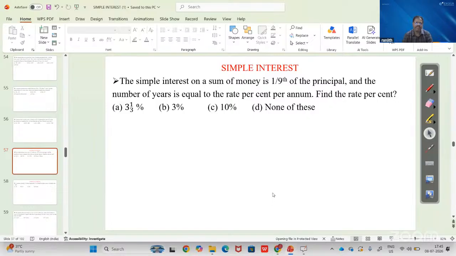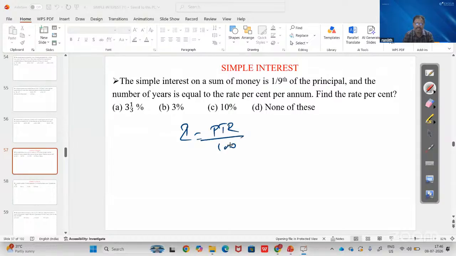The simple interest on a sum of money is 1 by ninth of the principal and the number of years is equal to the rate percentage per annum. Find the rate percentage. So I equal to PTR by 100. Here I is 1 by ninth of the principal.